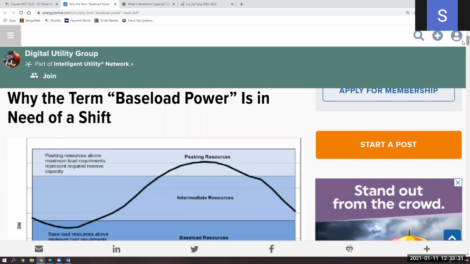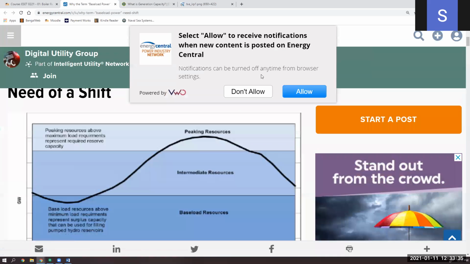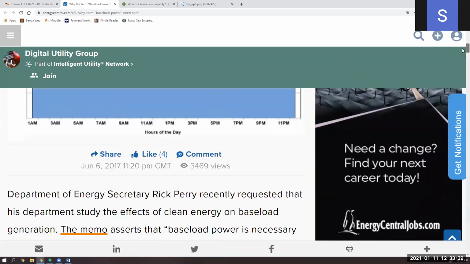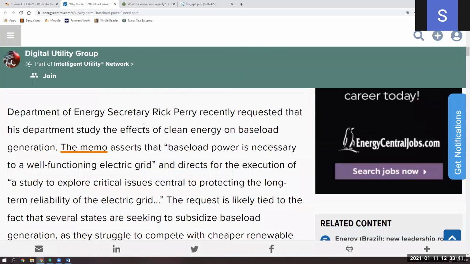Okay. So this article that I got this image from talks about baseload power, right? We have to have that. So we can look at all the alternative energy we want, but if we can't get to capacity factors close to 90 for the baseload power we always need, they're not going to work for our electrical grid, right?